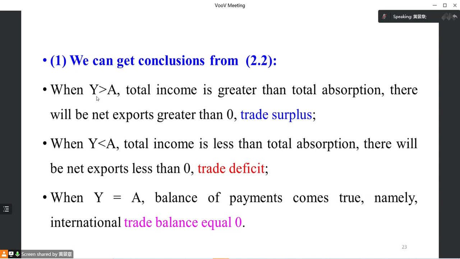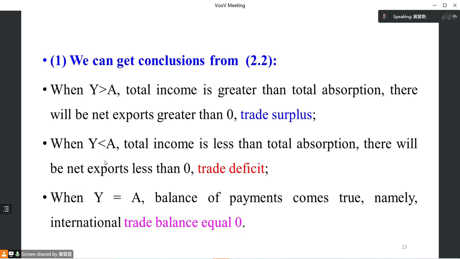When Y is more than A, total income is greater than total absorption, there will be net exports greater than 0. At this stage, we get a trade surplus.